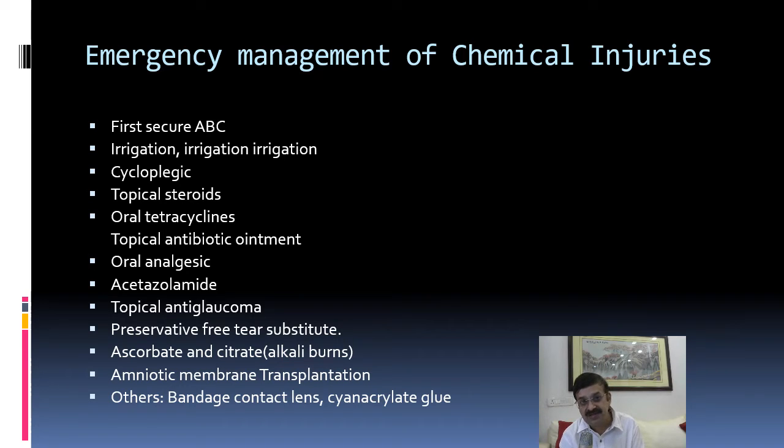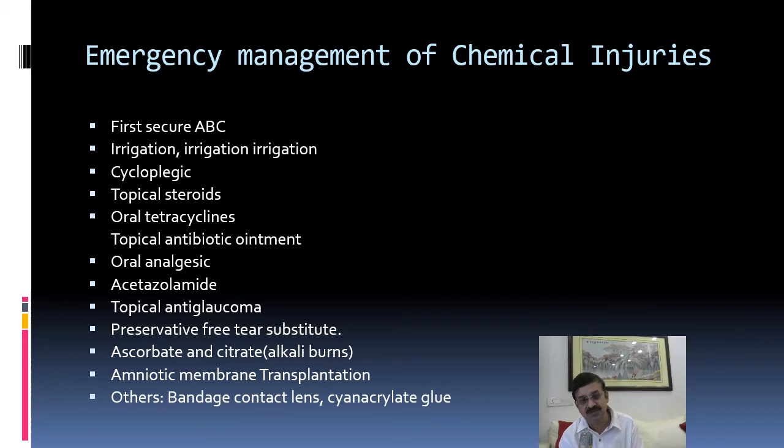Now amongst the newer modalities of treatment, amniotic membrane transplantation occupies pride of place. It is given in acute chemical burns, and it acts as a bandage contact lens, as well as it acts to heal the cornea in a better way. So there are two aspects to it.